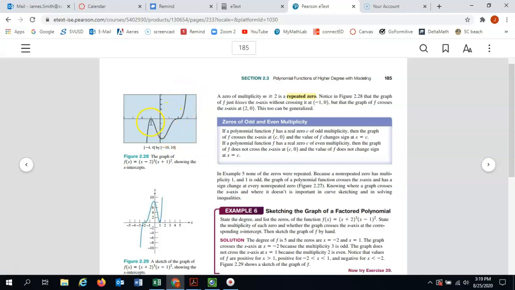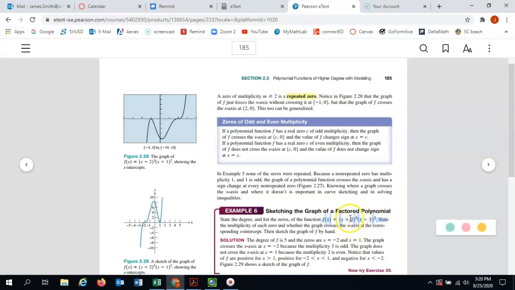So how do we know when it bounces or when it crosses? Real simple. When you are looking at a function, here's just a good example. So if you guys can see this one right here. When I'm looking at a function like this, you notice how one factor is to a third power, an odd exponent, and another one is to an even exponent.